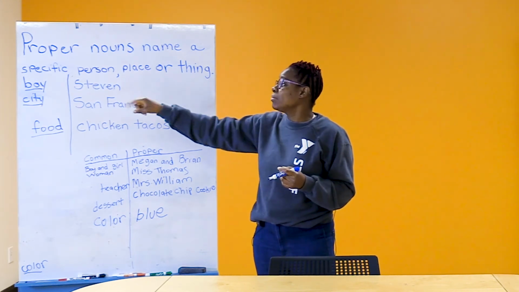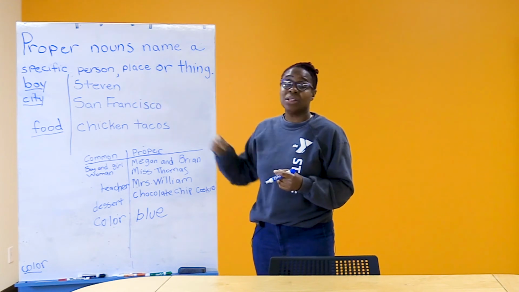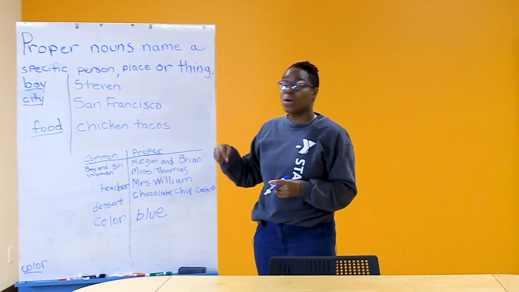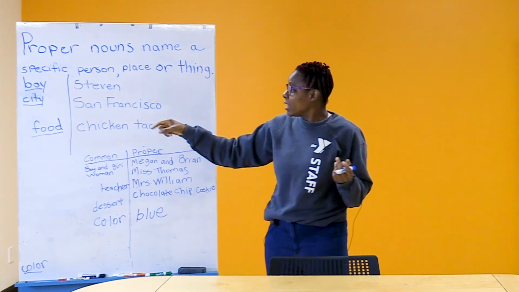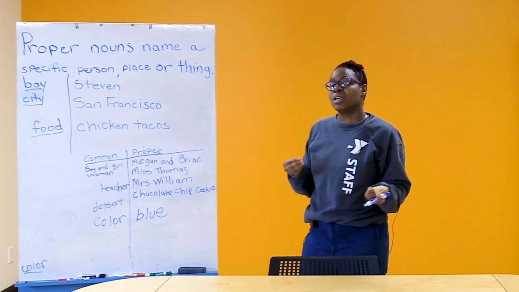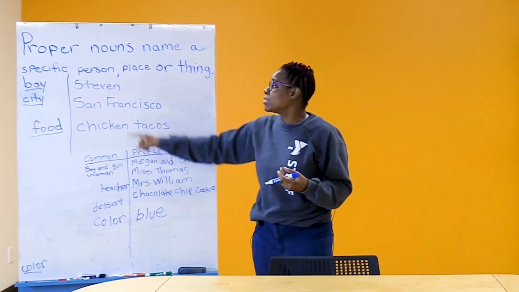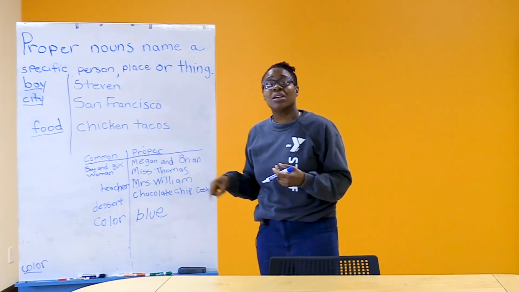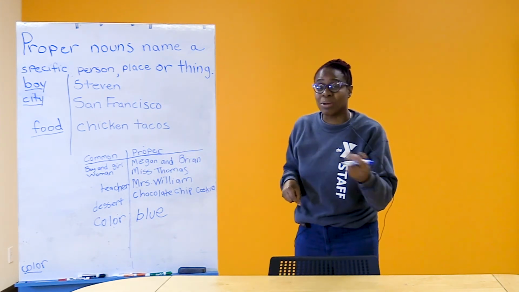We had boy, and I gave you the name Stephen. We had city, and I gave you the name San Francisco. We had food, and I gave you the name chicken tacos. Those are all persons, places, or things. But when I give them the proper nouns of Stephen, San Francisco, chicken tacos, they are proper nouns.